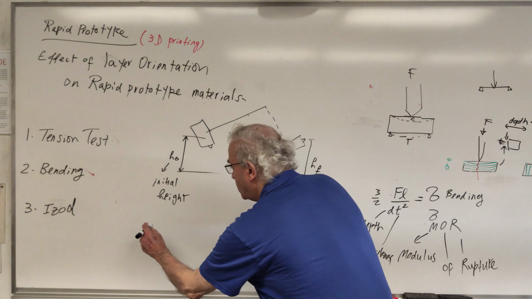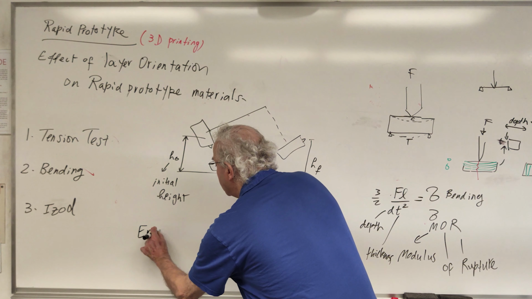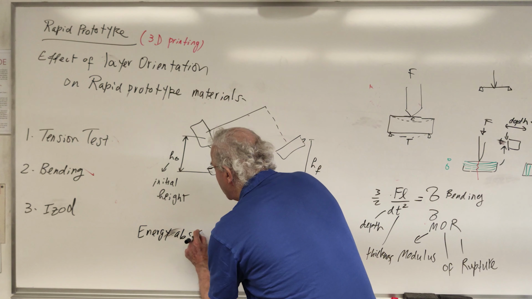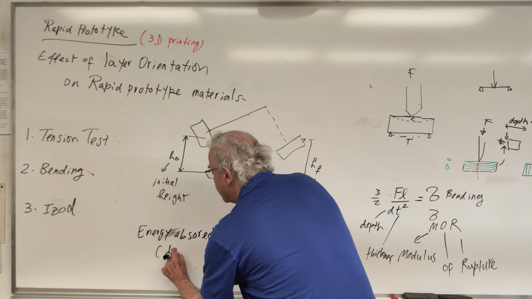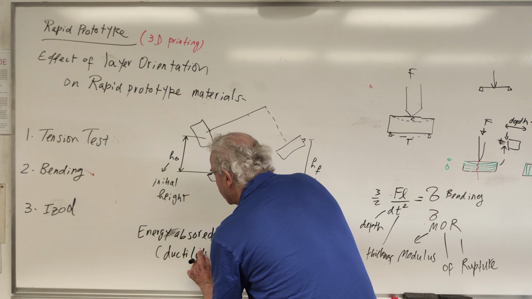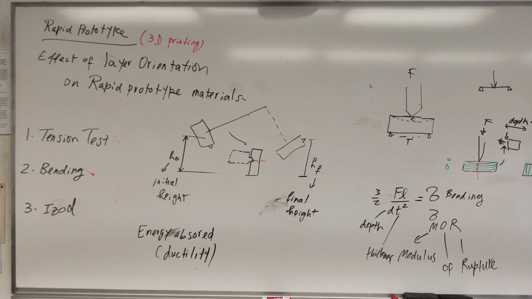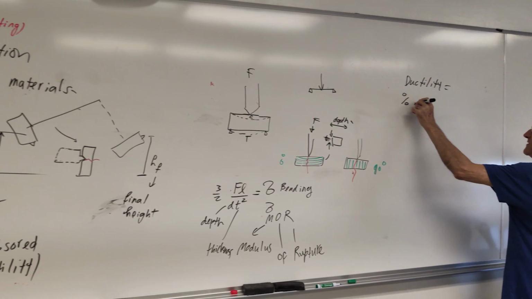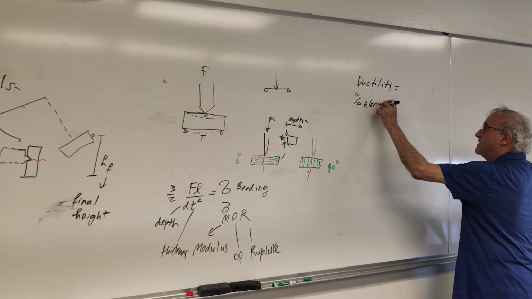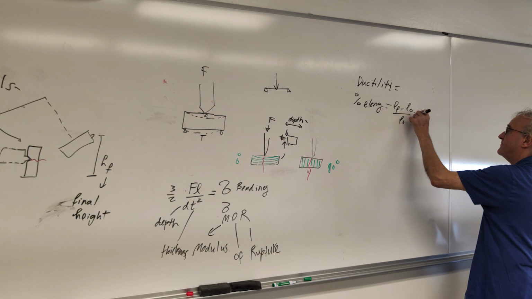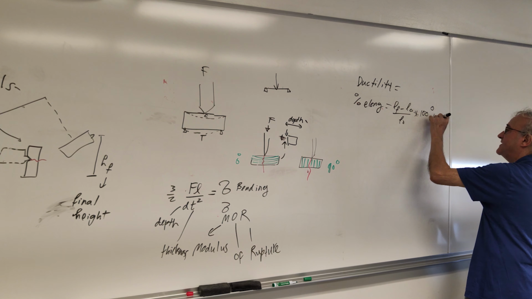Now, the energy absorbed, which we think of as ductility. Remember, guys, the word ductility, from the first test, which is the tension test, we said ductility is percent elongation in a sample, which is final length minus initial length divided by the initial length times 100%.